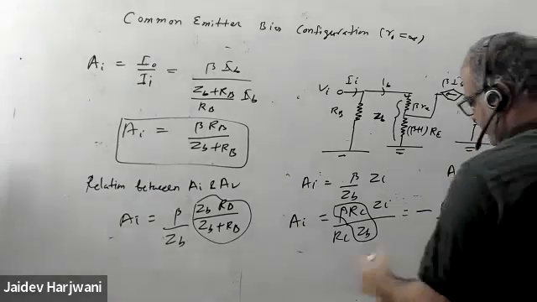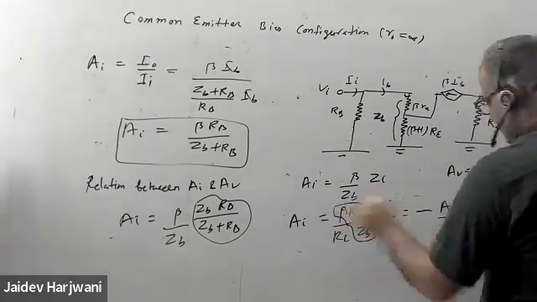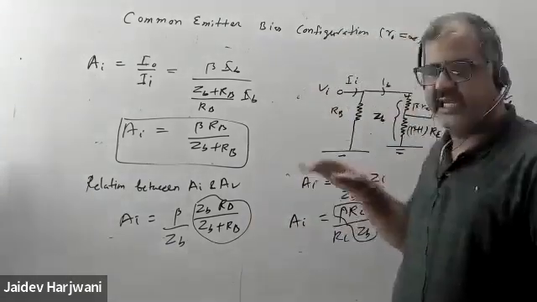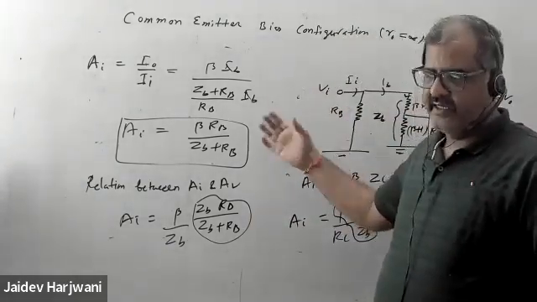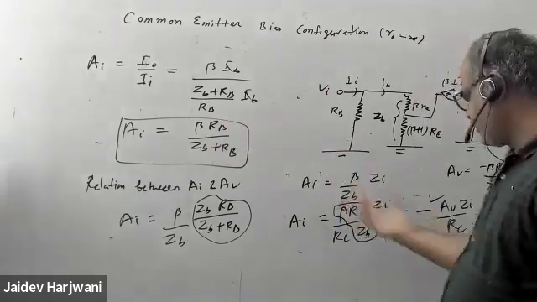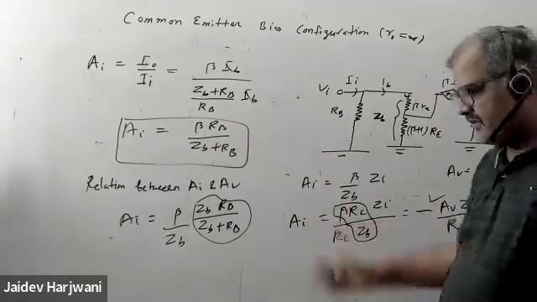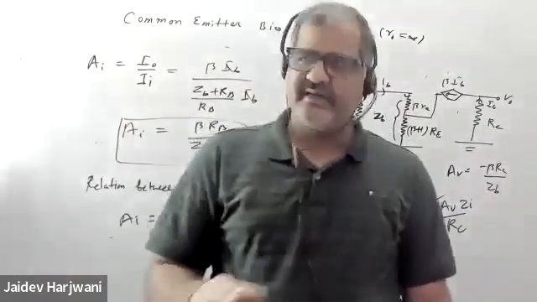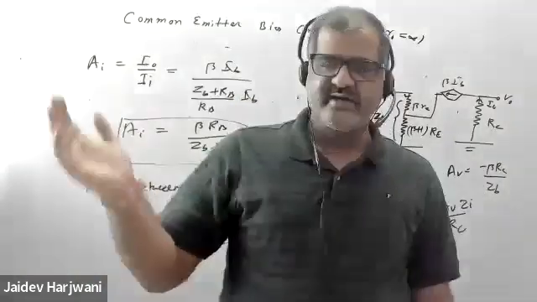So this is your formula for AI, and this is always valid. If you know the circuit, you can calculate the voltage gain and impedance, then you can directly find the current gain. This will give you an approximate value, very slightly different from your actual value.